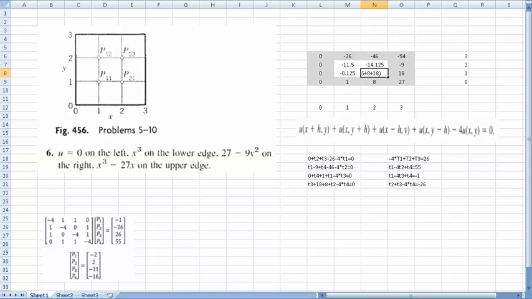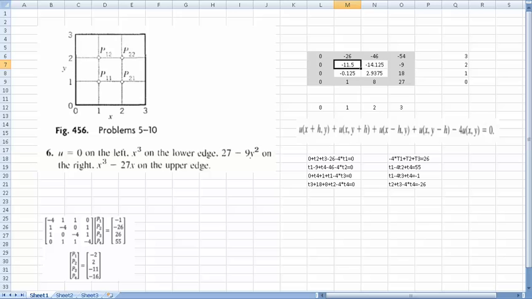All of that divided by 4 is that. I've done one Gauss-Seidel iteration. Now to carry it on forward, I'll do this term, that term, this term, this term.